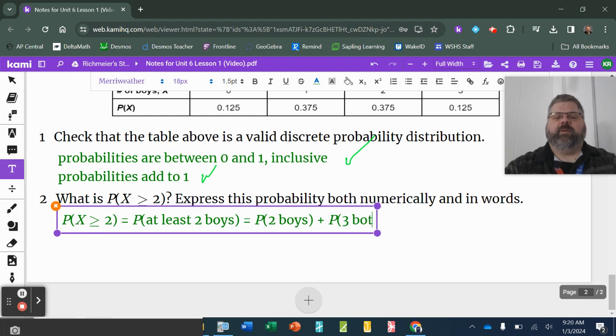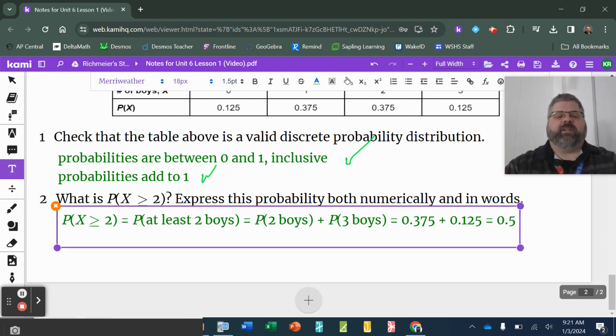Since I said at least 2, it's really 2 or more. And the only conditions that meet that are 2 and 3 in this table. So then I'd pull out the probability 0.375 for 2 boys plus the probability of 0.125 for 3 boys, and that equals 0.5.